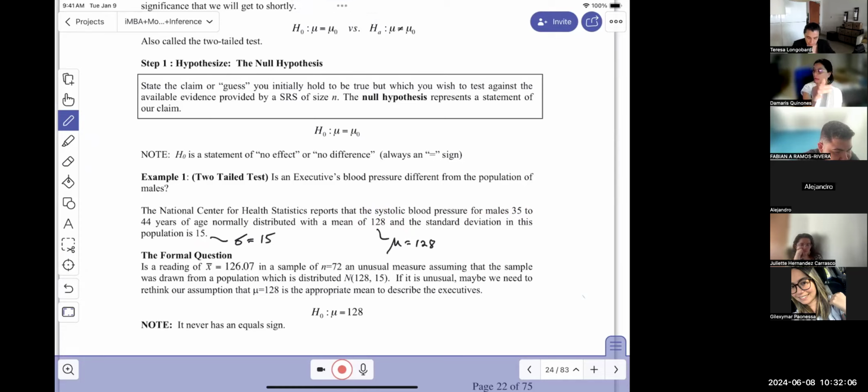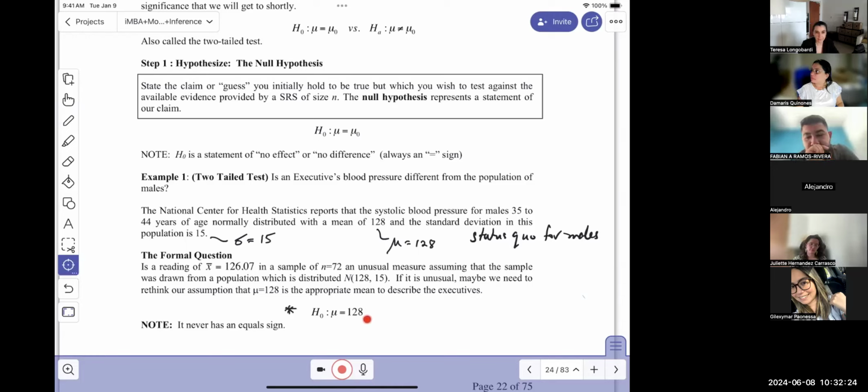We're going to say this is the status quo for males, and we have no prior evidence to suggest that male executives are any different. So we're going to use that. That's our null hypothesis.